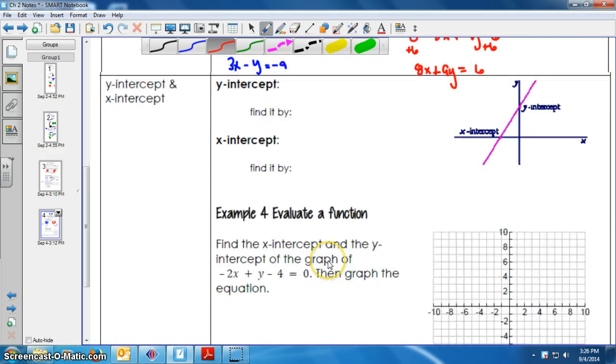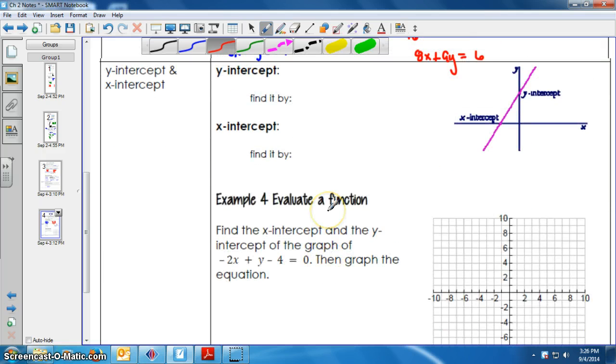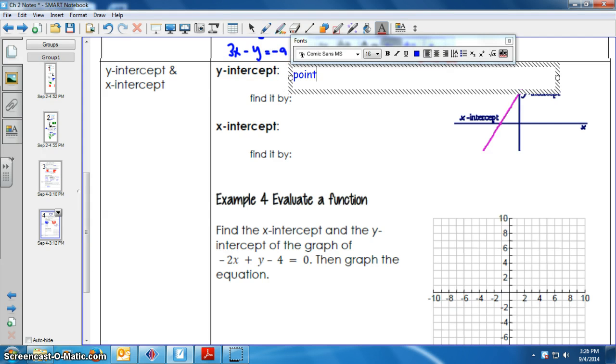All right, last thing we're going to talk about is y-intercept and x-intercept. And how we find those intercepts, or where they're touching that x and y axis, is we plug in 0. So what is it? Well, it's a point where the graph crosses the y-axis.